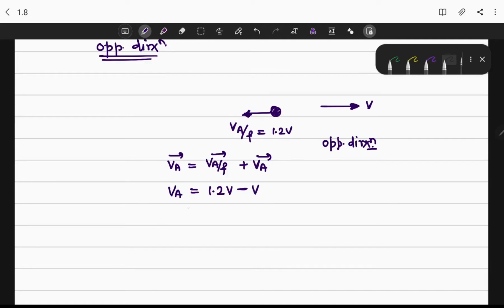So we get the velocity of A as 0.2 V in this particular direction.